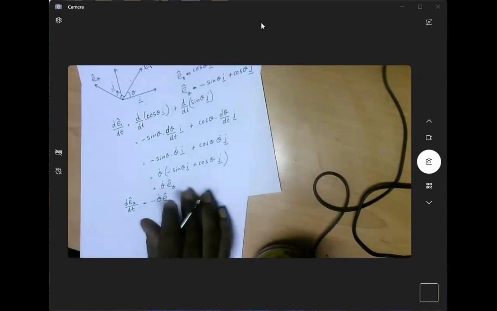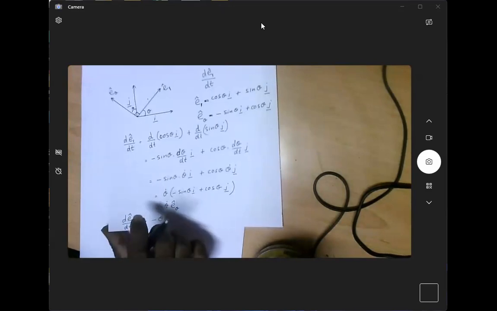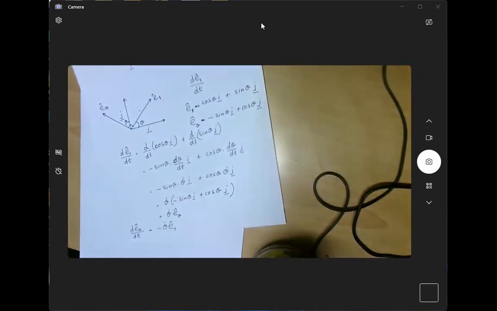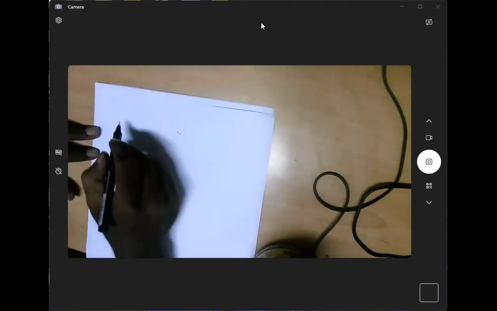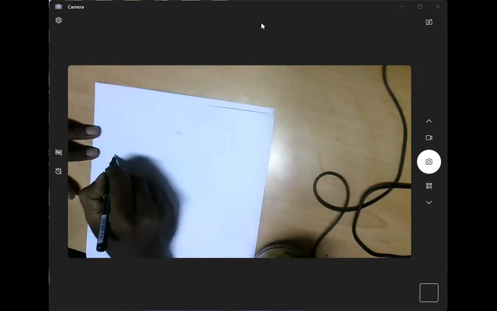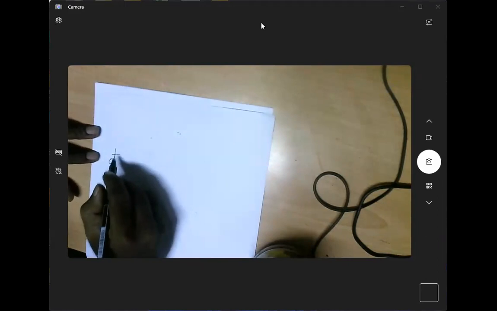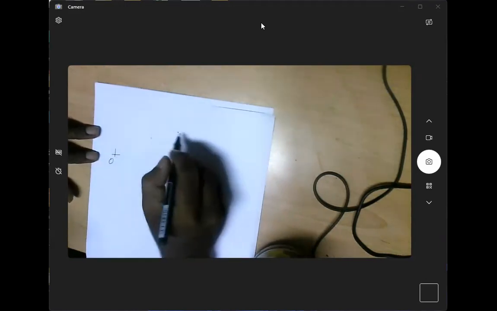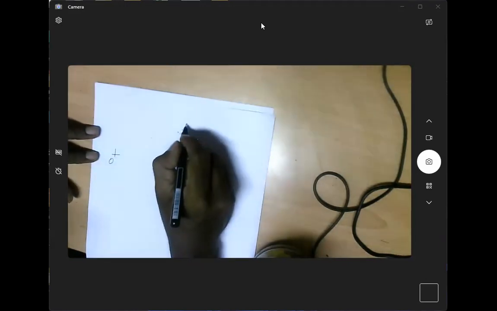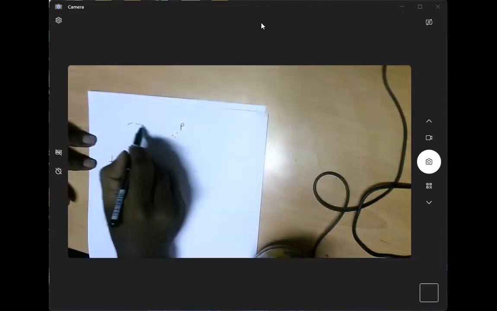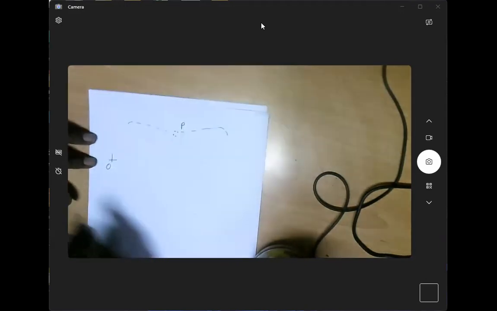Right, now we have the time derivatives of e_theta and e_r. So let's go back to our problem with a particle moving on a 2D plane. This is my coordinate center O, and unlike x and y, you can't mark axes here. This is the position of the particle, and it moves like this.